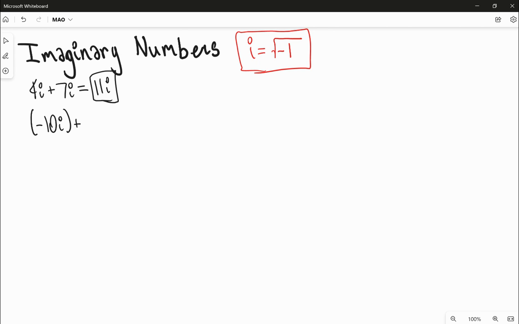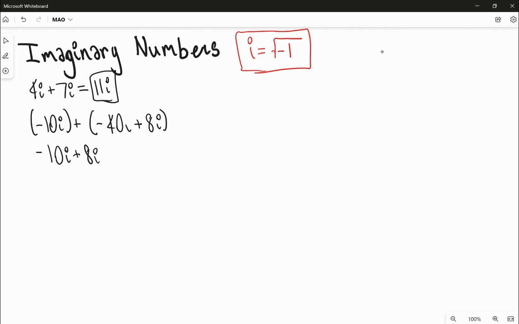-10i plus -40i plus 8i. So you combine like terms. So since you have an i with this -10 and an i with this 8, you get -10 plus 8. Let's actually write that here.